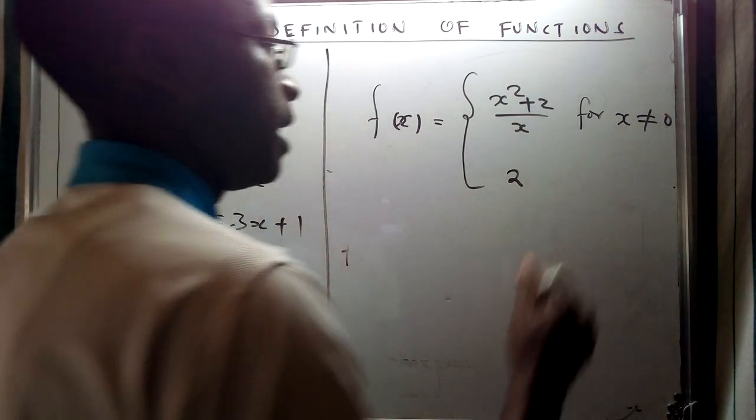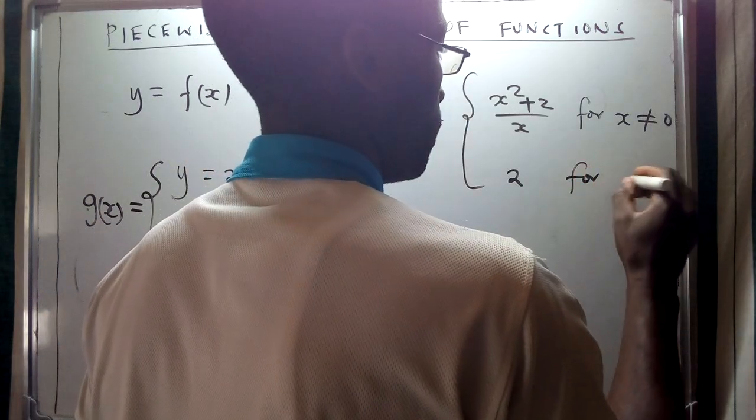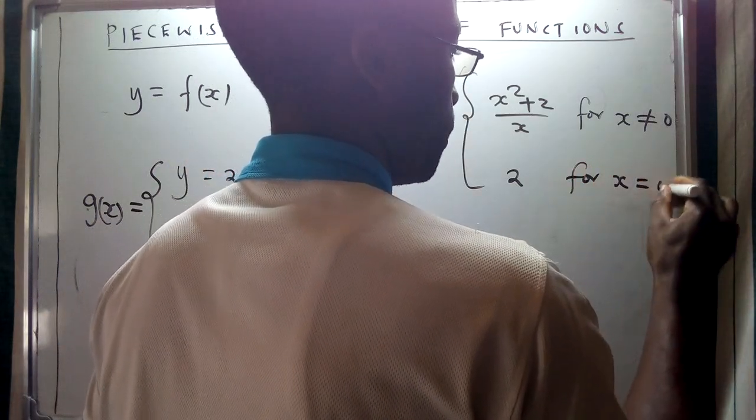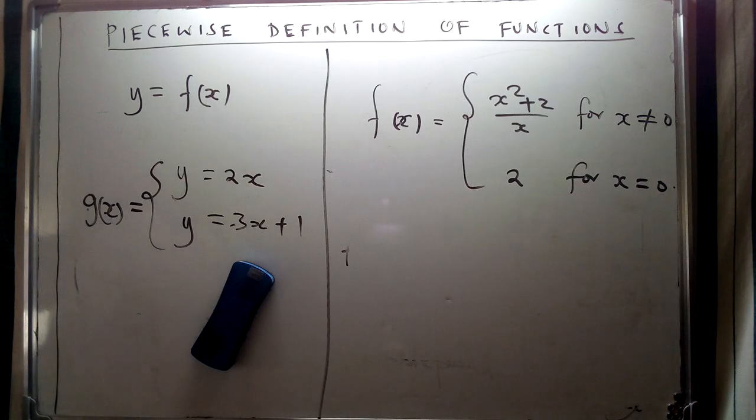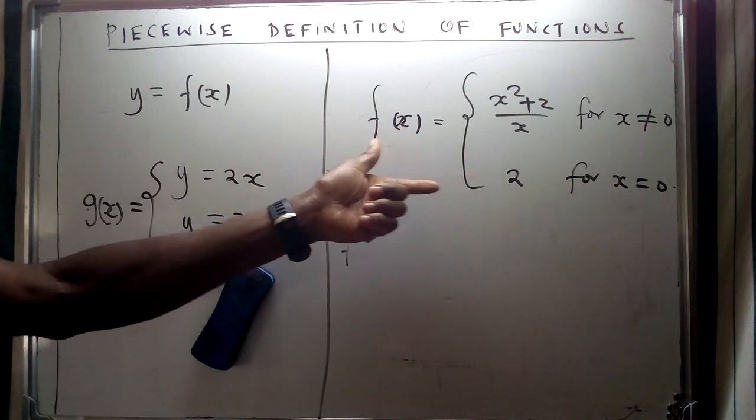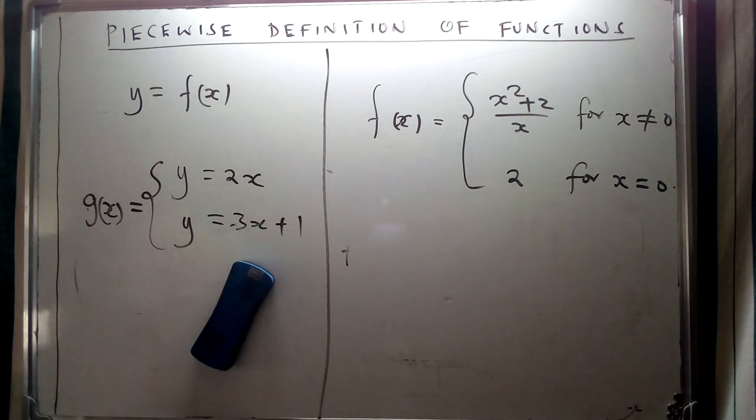And for this set of a function, we're going to give as well a domain whereby x can be equivalent to 0 for this second case. So we can see that a piecewise defined function consists of 2 or more equations, and they are given over specified domains as I've given for these two specific cases.